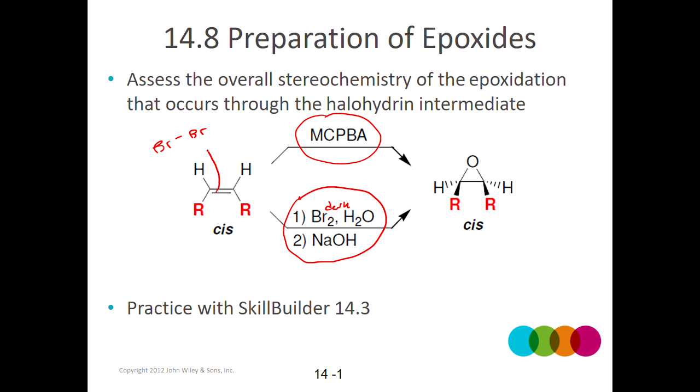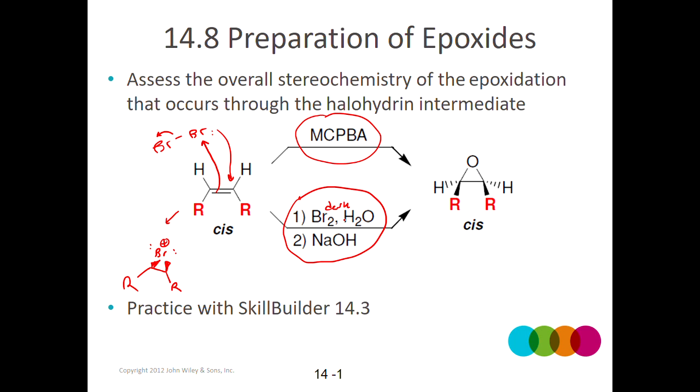and that's where the pi bond picks up the bromine. It attacks back, electrons leave to produce a Br minus. So that produces the bromonium, three-membered ring.